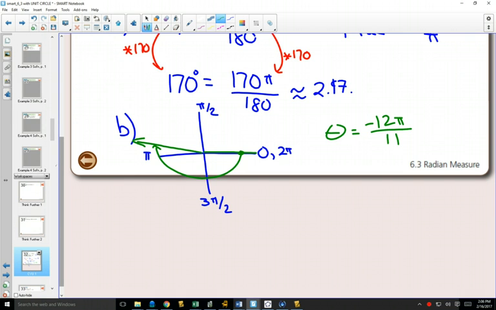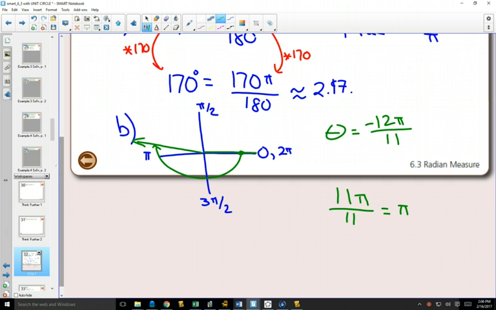And we're going to end over here. How did I know I needed to go that far? Well, can you see that negative 12 pi over 11 is more than 11 pi over 11? And 11 pi over 11 is the same as just pi?